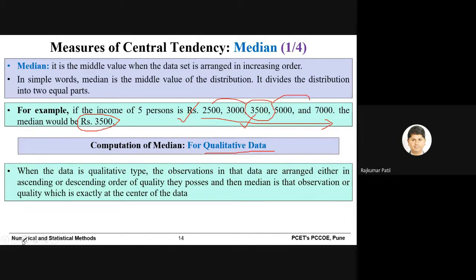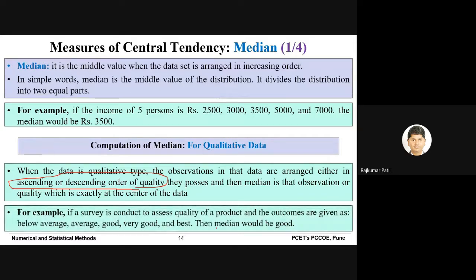You just arrange in ascending or descending order, and based on its quality you need to make that arrangement. And then median is that observation or quality which is exactly at the center of the data.